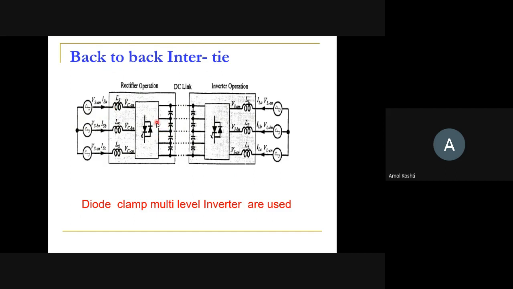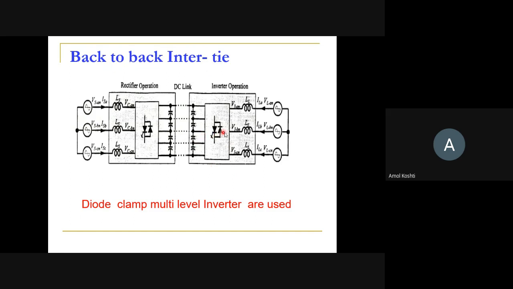By using that DC at the output of this left-hand rectifier, these capacitors are charged, and these capacitors will now act as a source. That source will feed the input to the right-hand side multi-level converter, through these DC capacitors.